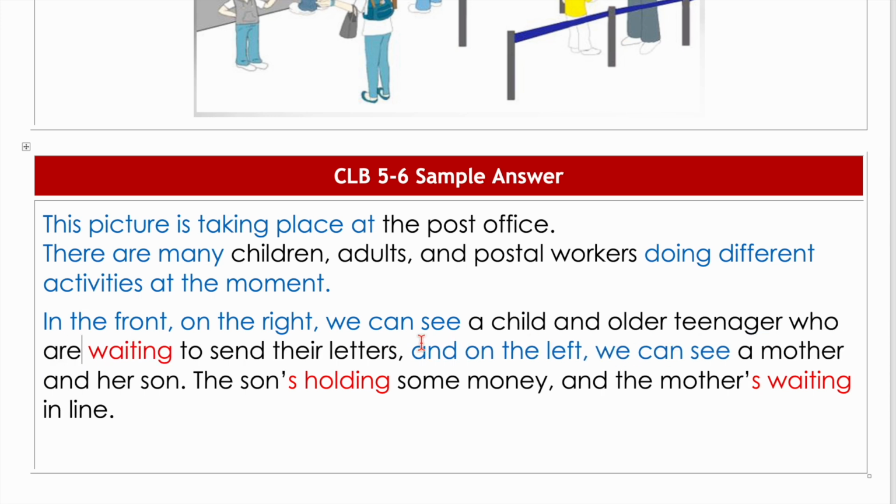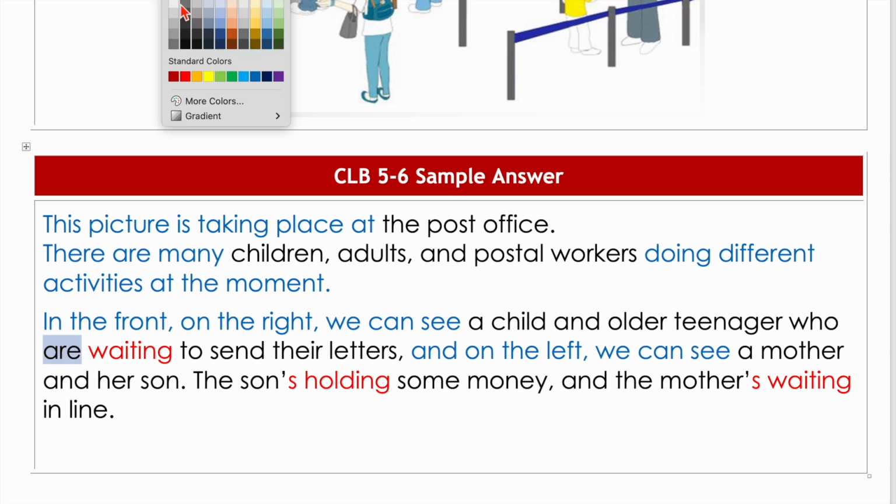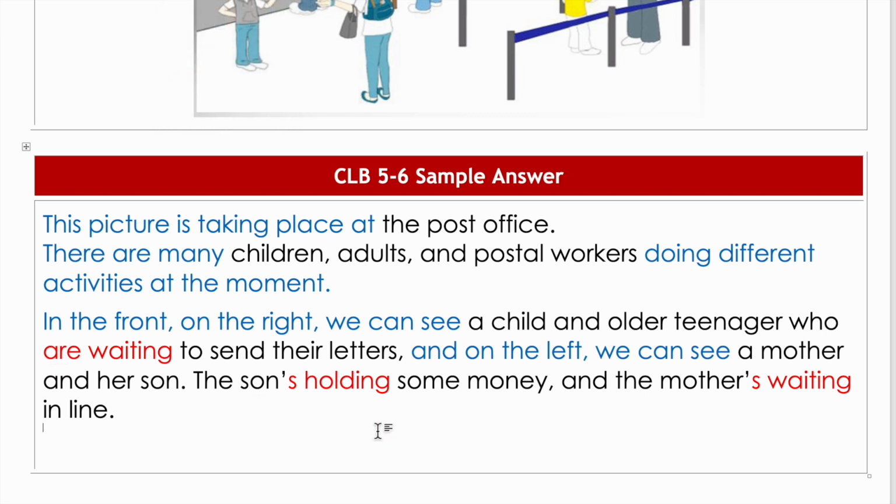You can say that. You don't have to. Okay? But we can say a child and an older teenager who are waiting to send their letters. Okay? You can say that one. Or a child and an older teenager waiting. We can see a child and an older teenager waiting.